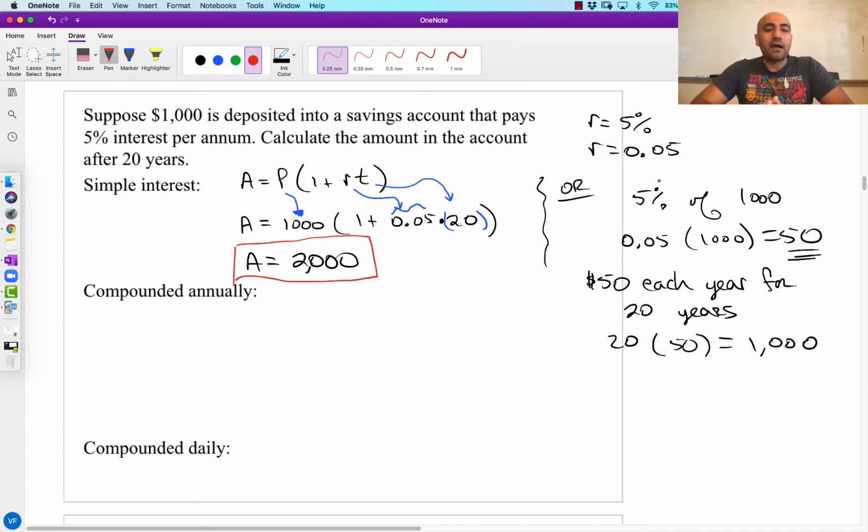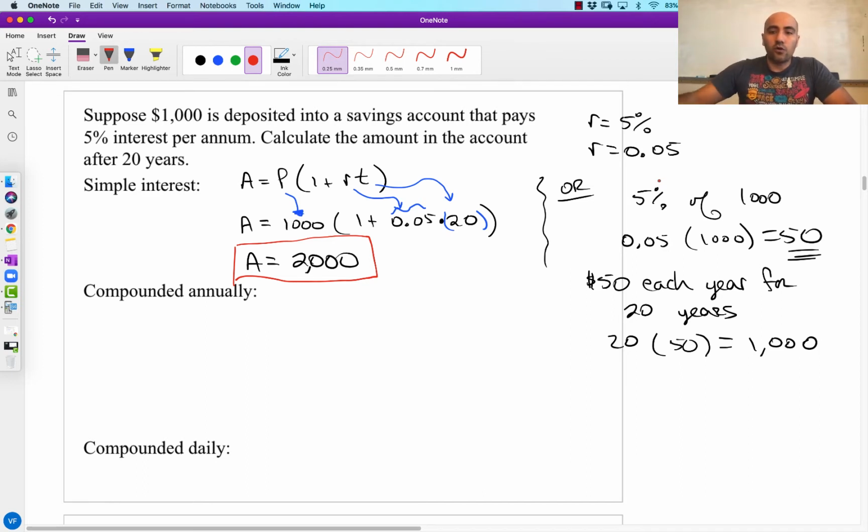Okay, now compounding is a little bit different. Compounding means that there's a period of time, at the end of which they deposit your interest earned into your account, and then the following period, you get paid interest on both the original amount invested as well as the new money deposited from the previous interest earned.